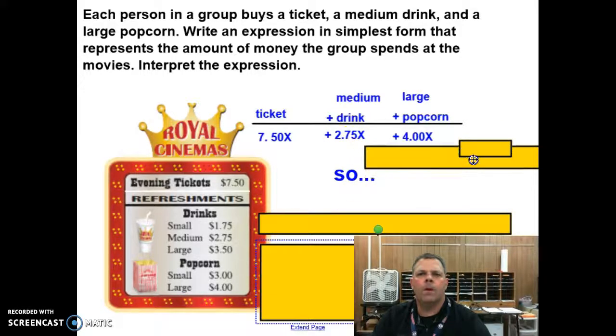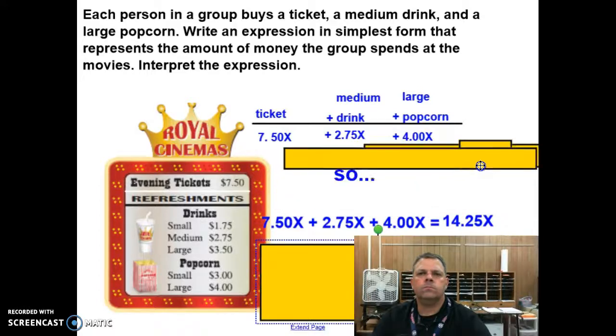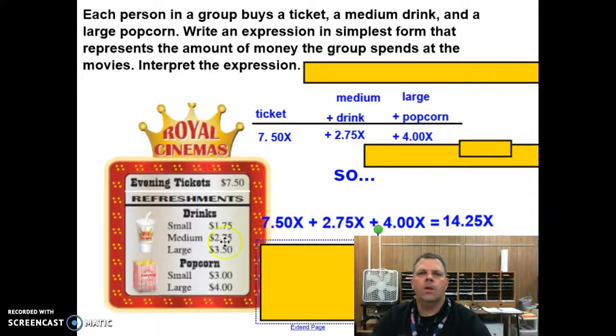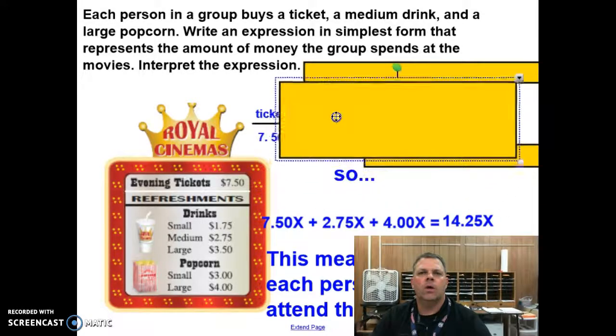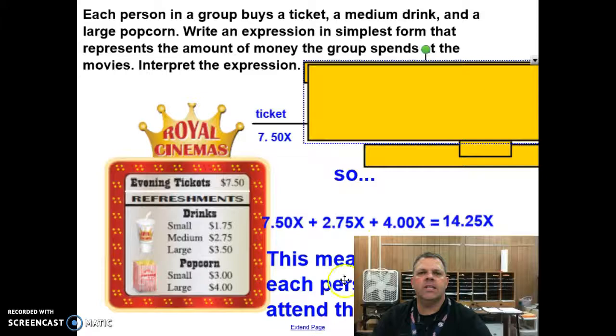So we have 7.50x plus 2.75x plus 4x, which equals 14.25x. What that means is it costs each person $14.25 to attend the movie after they get their ticket, the medium drink, and a large popcorn.